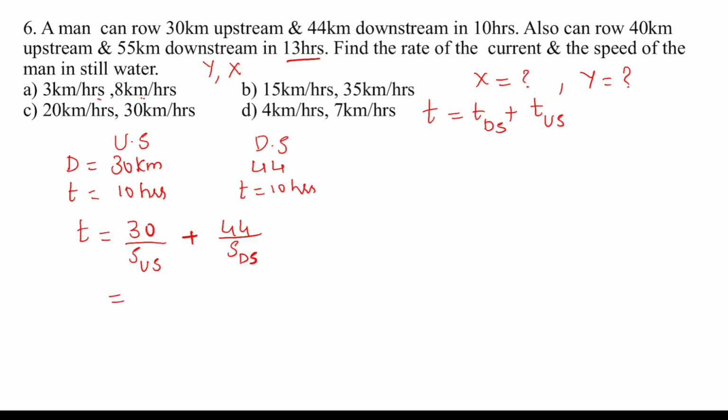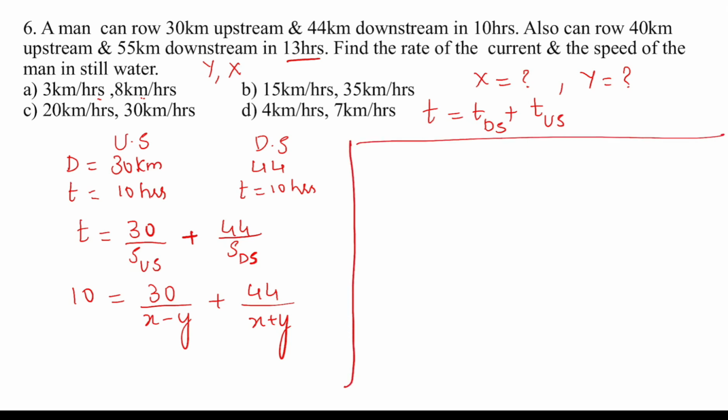So total time we know it is 10 hours. So 30 divided by speed upstream, which is X minus Y, plus 44 divided by speed downstream, which is X plus Y. So now we got the equation. So we can use the options method and solve.